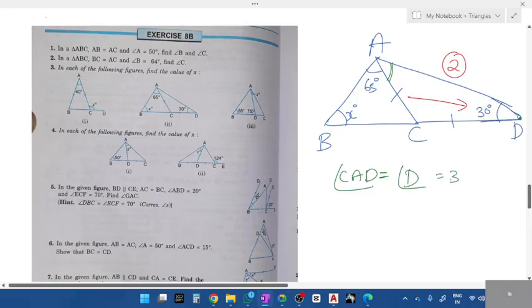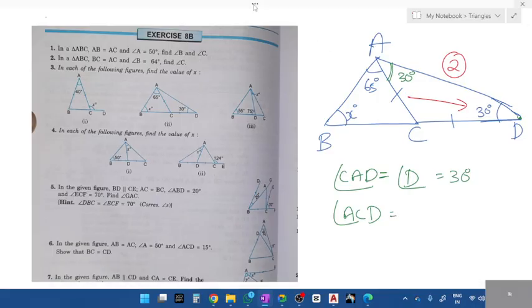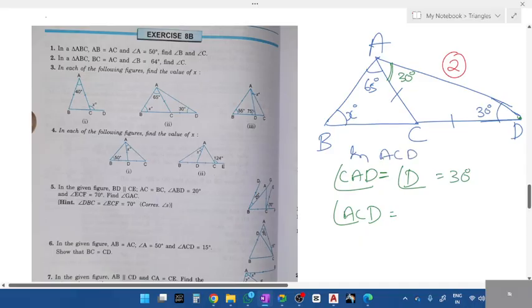So these two will be how many degrees? 30 degrees. If these two are 30 degrees, what about angle ACD? Which concept will you apply to find ACD? In triangle ACD, which formula do we apply?